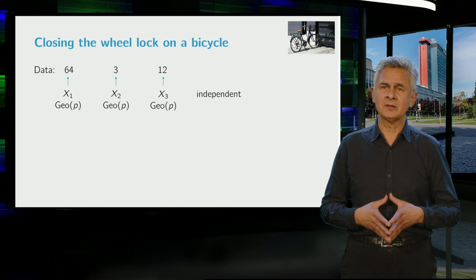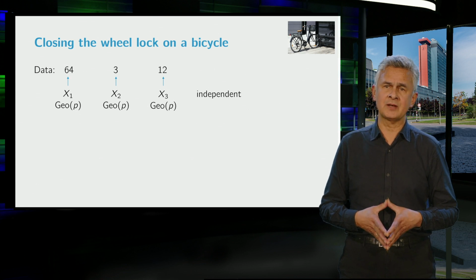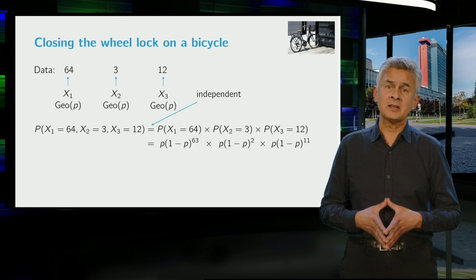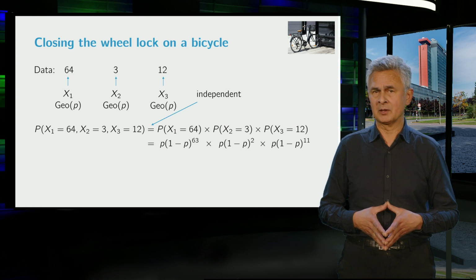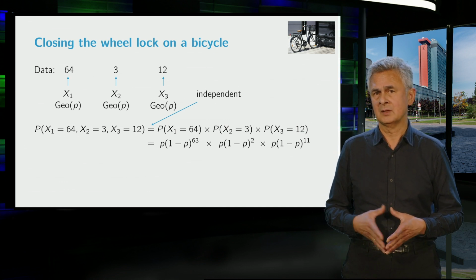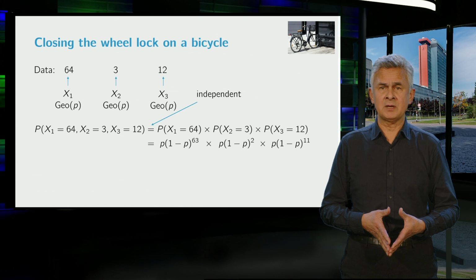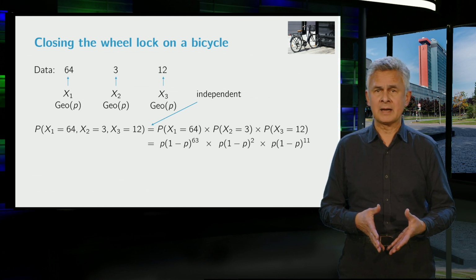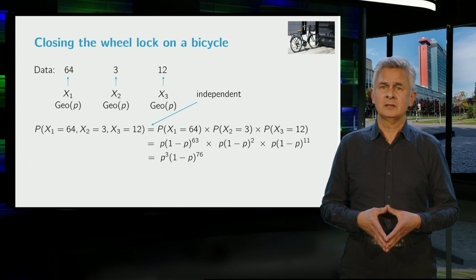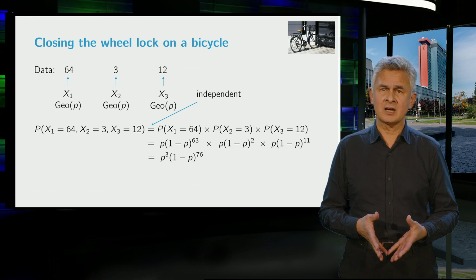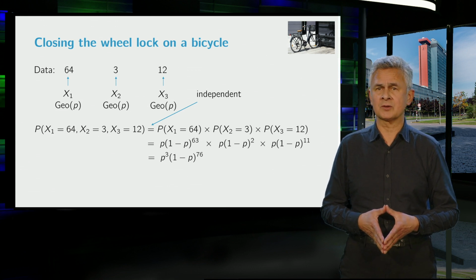Now, using independence, the probability that these observations occur is then given by the product of the following probabilities. Putting together terms with p and terms with 1 minus p leads to p to the power 3 times 1 minus p to the power 76.